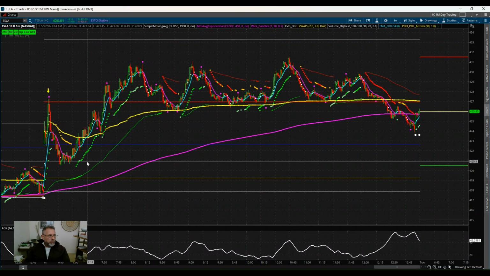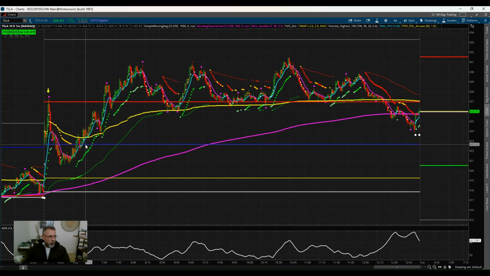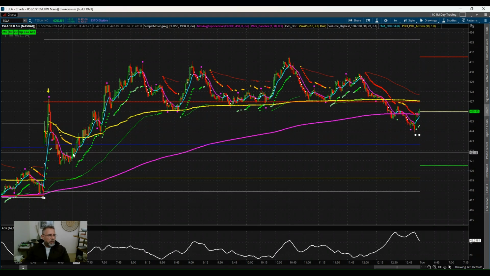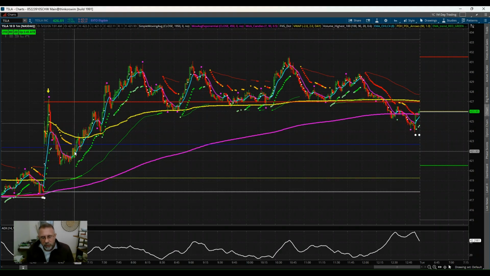But the green dots display when that line is going up and the close of the candle is above another line, which is a line that I created myself. It's the midpoint between the variable moving average and the Ichimoku Kijun line, those two divided by 2. This is a complicated thing, but I call it the magic line.